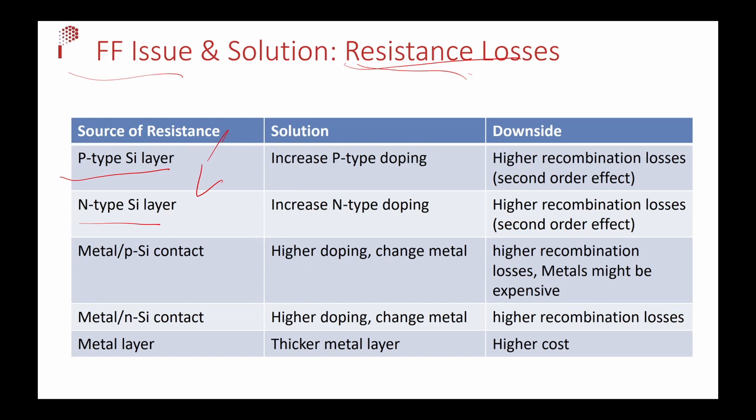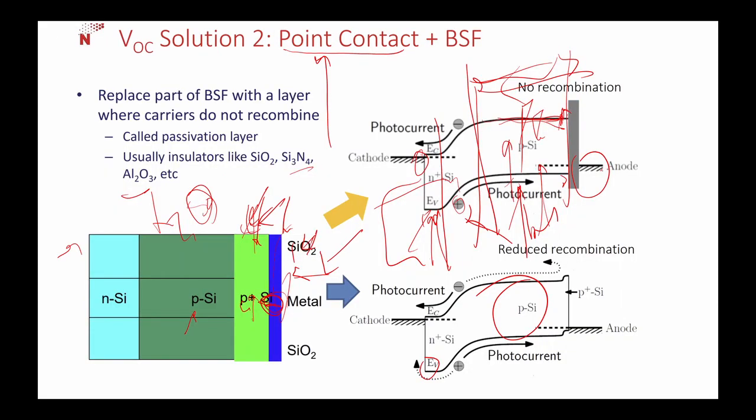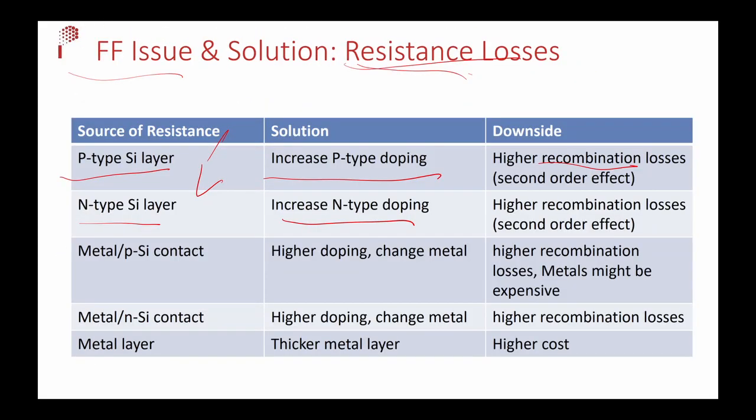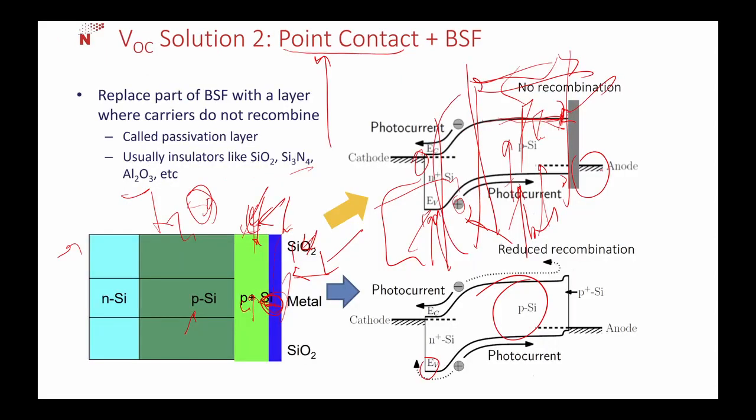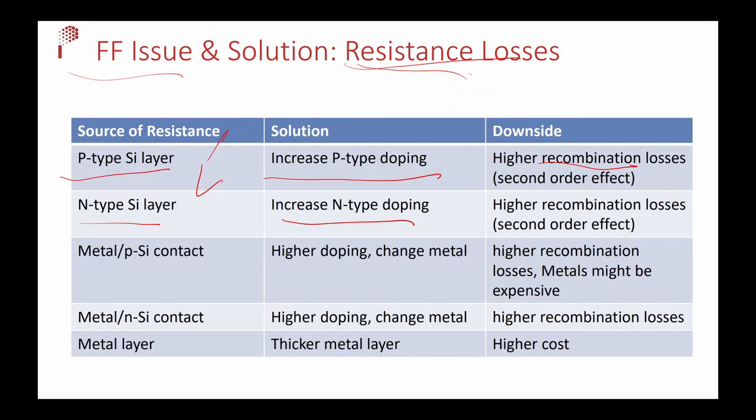How can you improve it? Increasing the doping. But the downside is again the recombination loss. And another thing is that you are decreasing the depletion region width, which is again a loss.